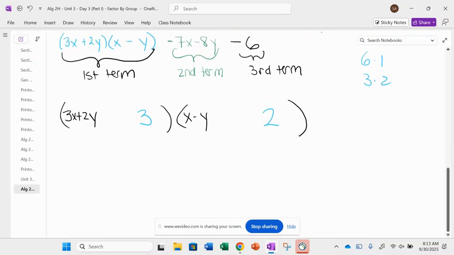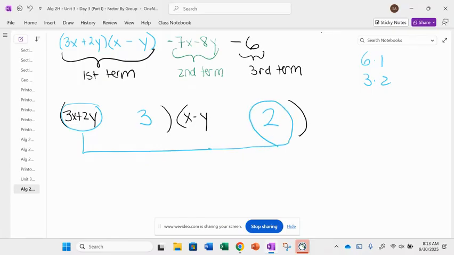So this is wrong. But now when we check this, remember, this is my first term. So the outers get multiplied together, right, to check. So 3x plus 2y times 2 gives us, oh, sorry, not a 4x, a 6x plus 4y, right?